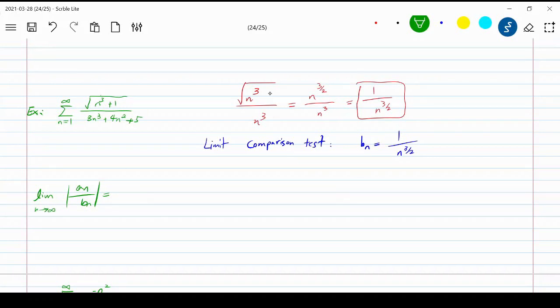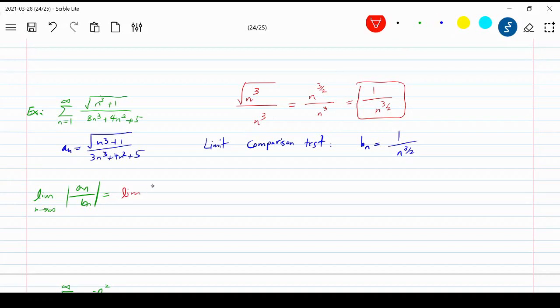So in this case, an is simply the square root of n cubed plus 1 divided by 3n cubed plus 4n squared plus 5. If you're dealing with algebraic fractions, normally this is the idea: you use the limit comparison test and then calculate the limit. What is the limit?